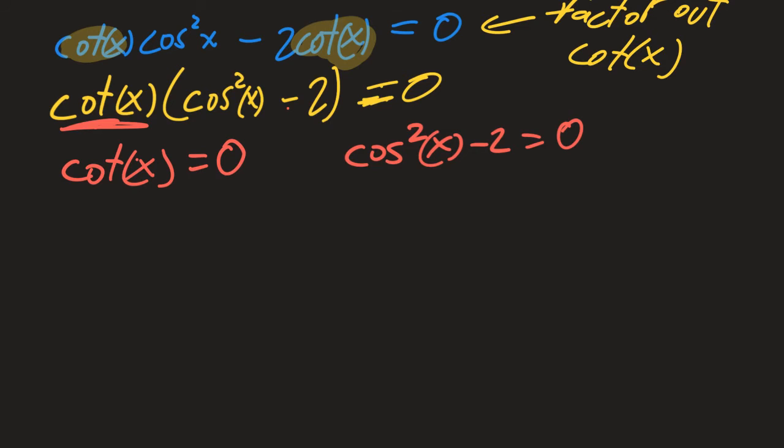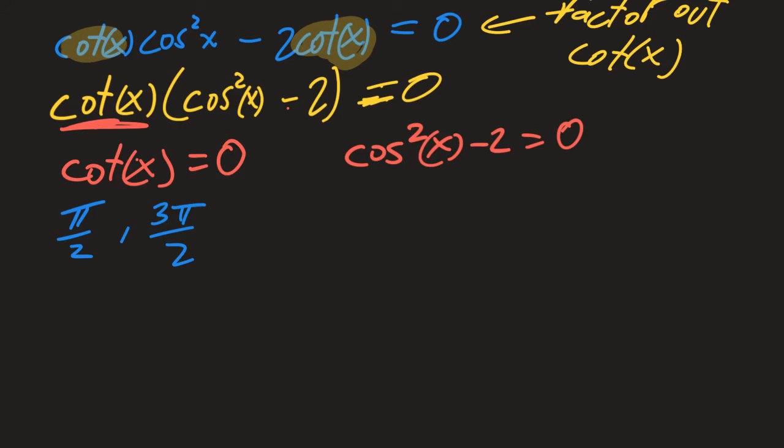So let's start with that first one, that cotangent x equals 0. So we can just go to the unit circle and we could hunt down some areas where cotangent x equals 0. If you're not sure, remember, this is the same place as where tangent is undefined. So this is going to be at pi over 2 and 3 pi over 2.